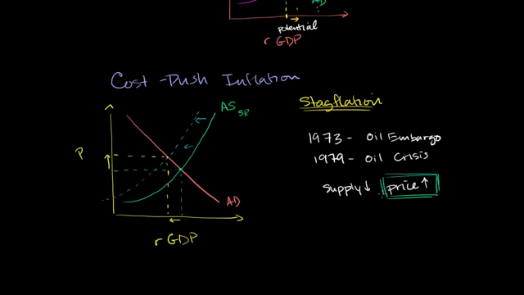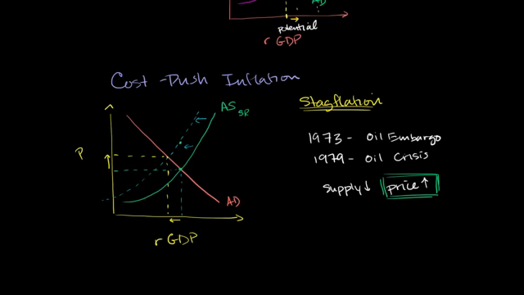And if all of a sudden a major input's price becomes much, much more expensive, then you could view it one of two ways. For a given level of productivity, suppliers will want to charge more. If you want me to deliver this to your house, if you want me to run your truck, for a given level of productivity, suppliers would charge more. So you could view it like that. Or you could view it that at a given level of price, suppliers will want to produce less.